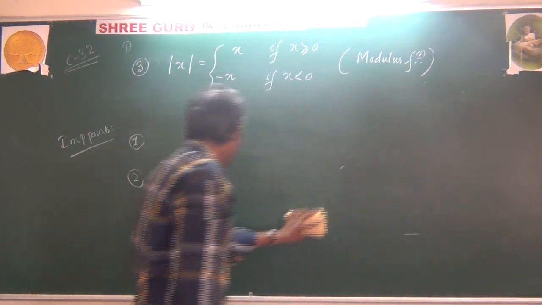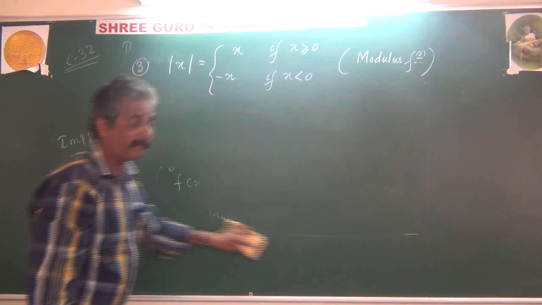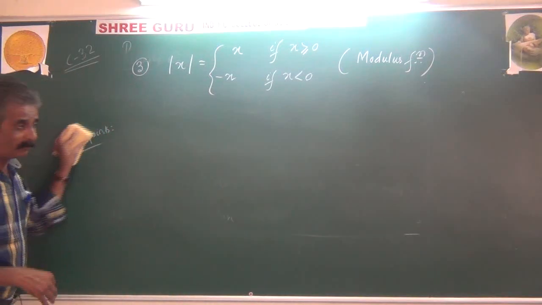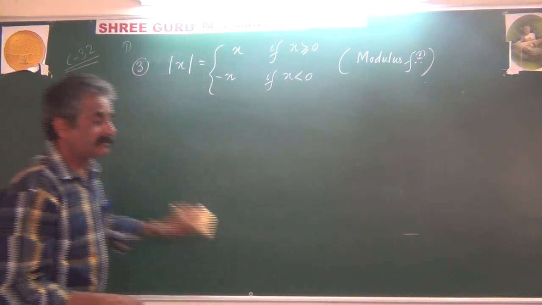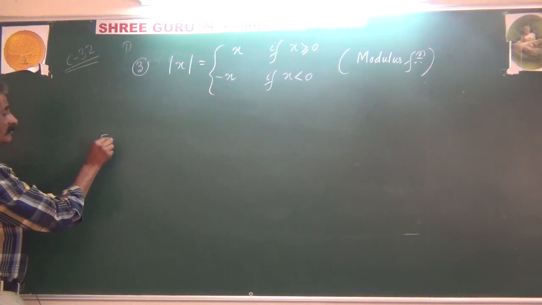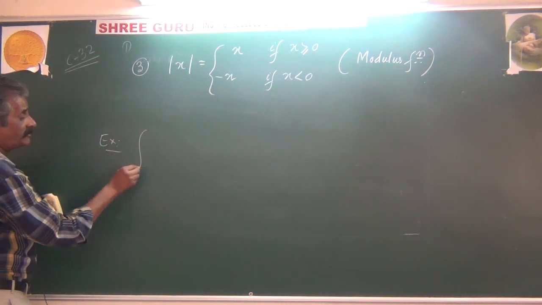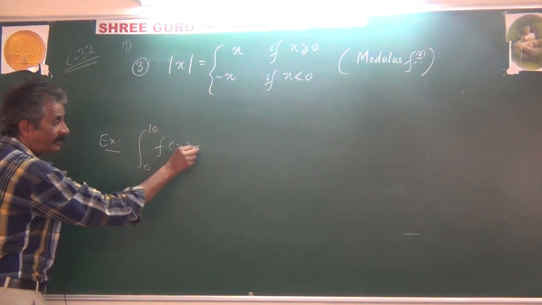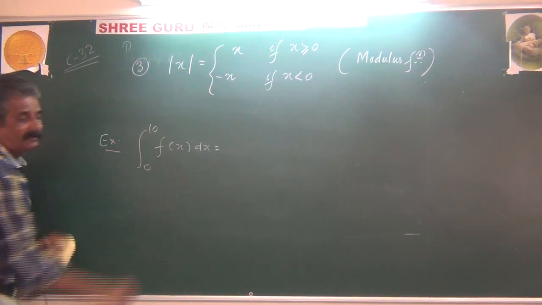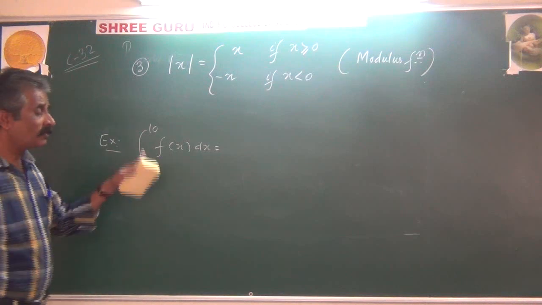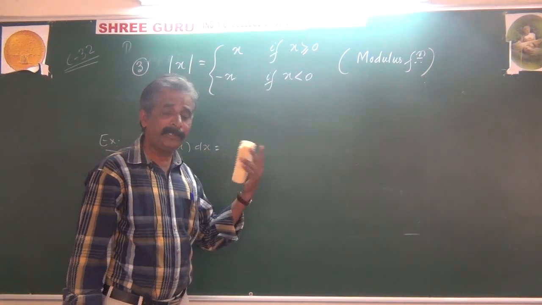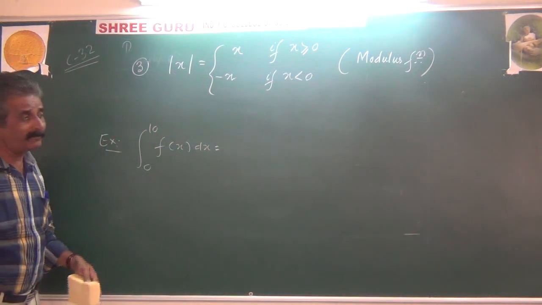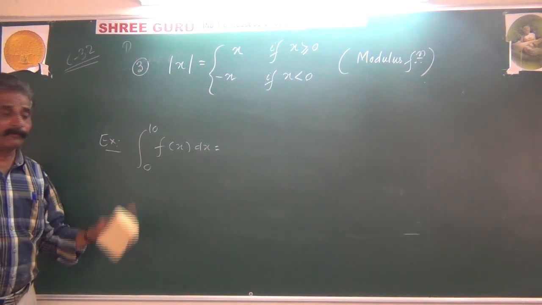Now see for example how this property we are going to implement in the coming exam problems. Write, for example, integration 0 to 10 f of x dx can be written as: the interval 0 to 10, you can split into any number of parts, 2 parts, 3 parts, 5 parts, depending on requirement.